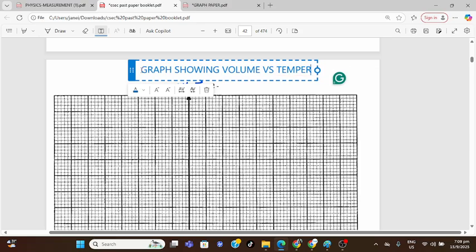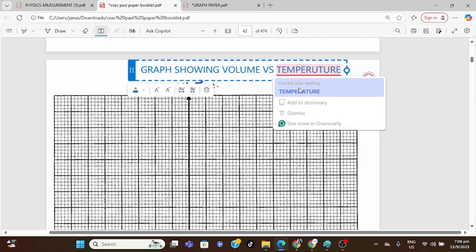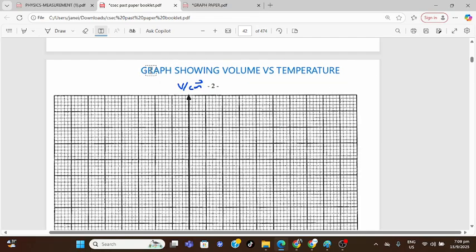I'm going to pray autocorrect saves me. Temperature is beating me right now. Okay, good autocorrect. We're going to underline that. Make sure on all our graphs to do that, no matter what.